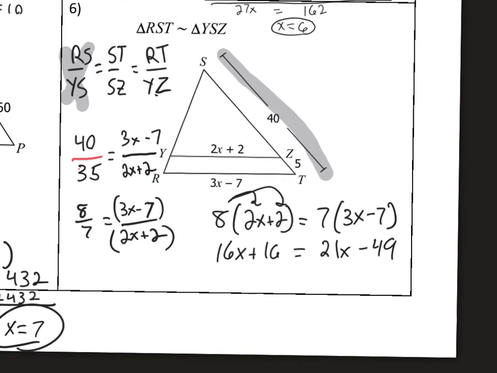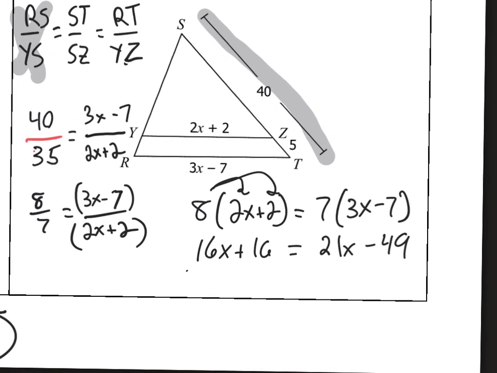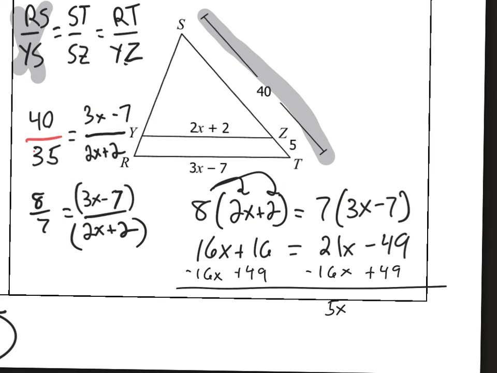I will put my x's on the right-hand side, adding the opposite, so I'm going to subtract. 21 minus 16 is 5x, and then I'm going to add 49 to both sides. And that's 65. And 65 divided by 5 is 13. X equals 13.